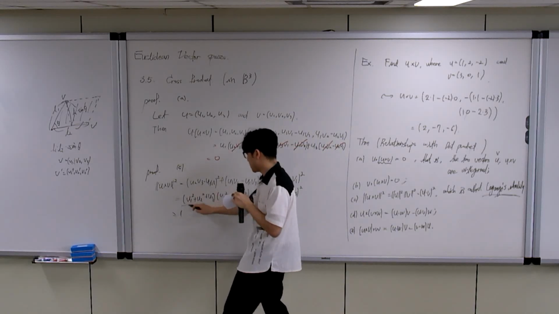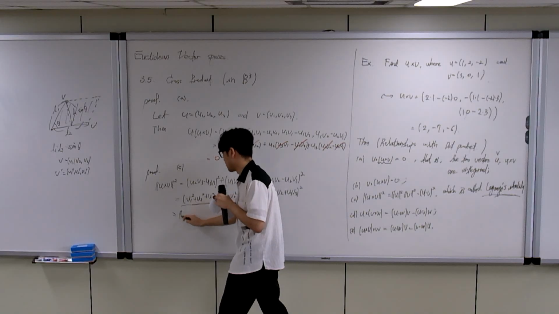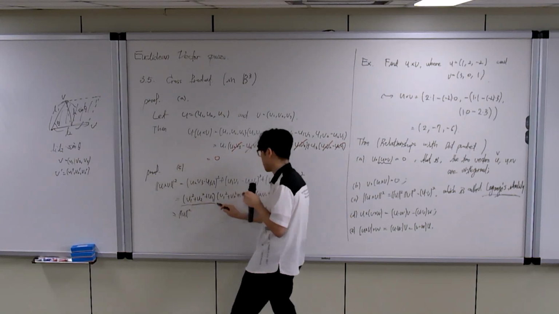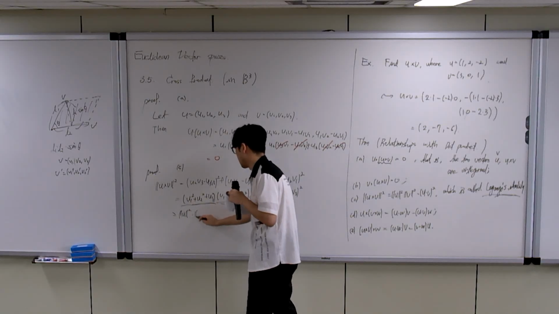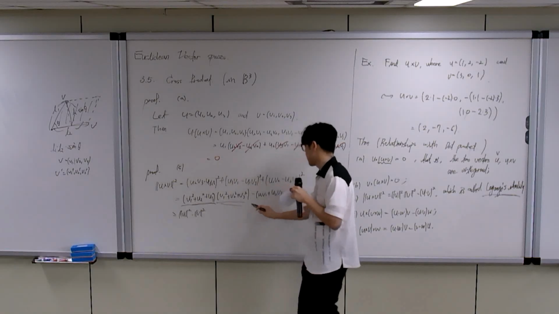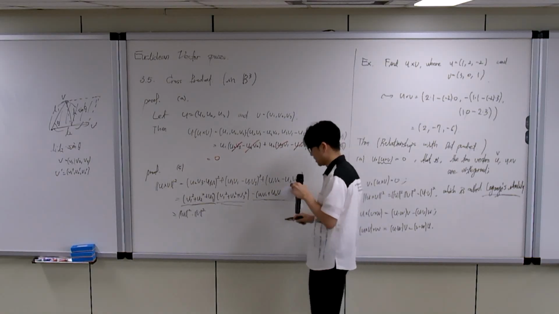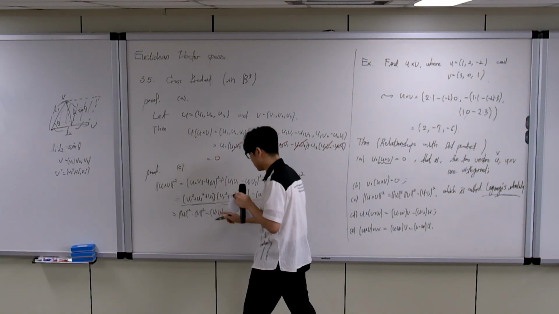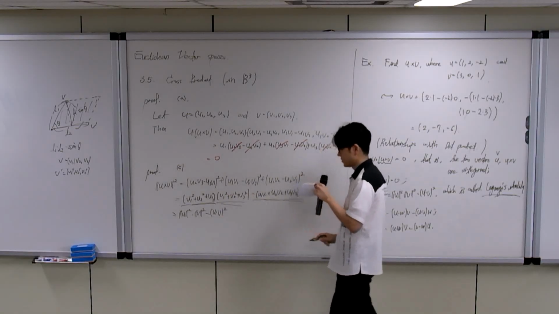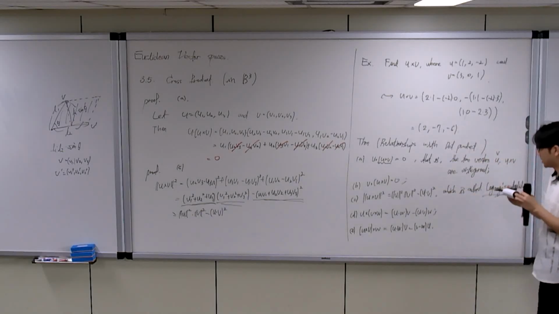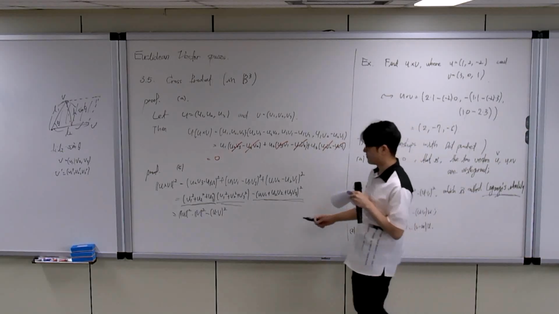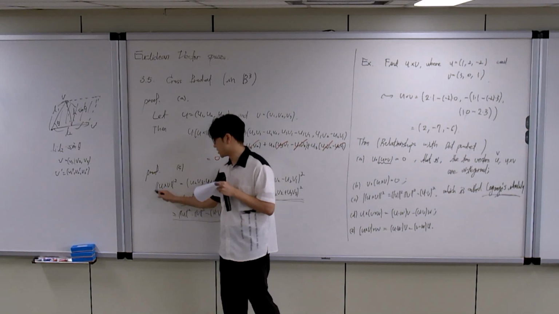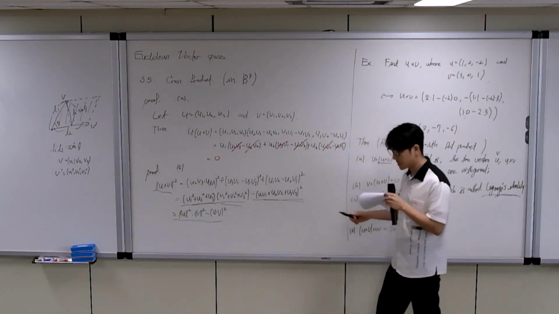And then this is the same as the norm of U squared times the norm of V squared, minus the U dot product V square. This form is called the Lagrange identity.